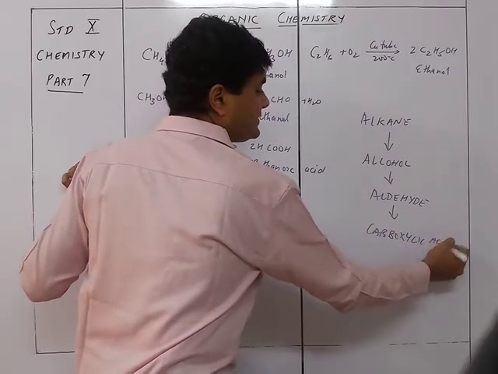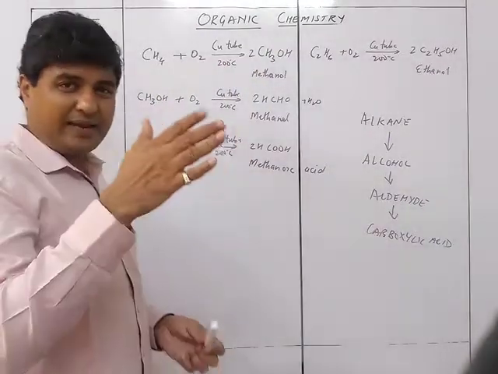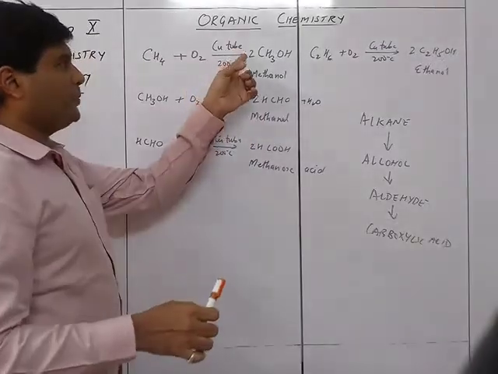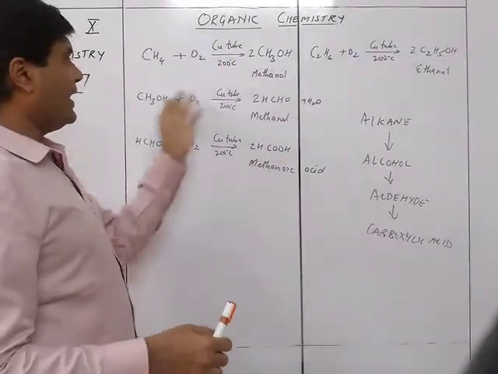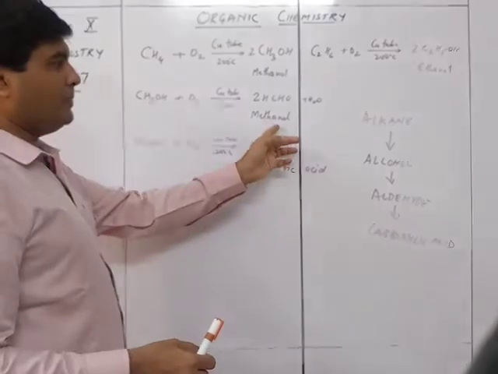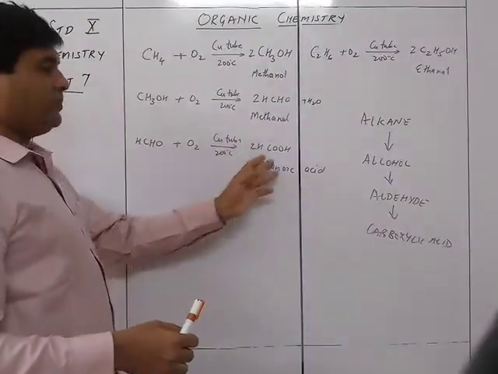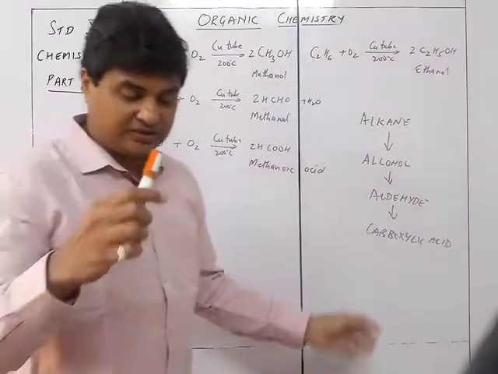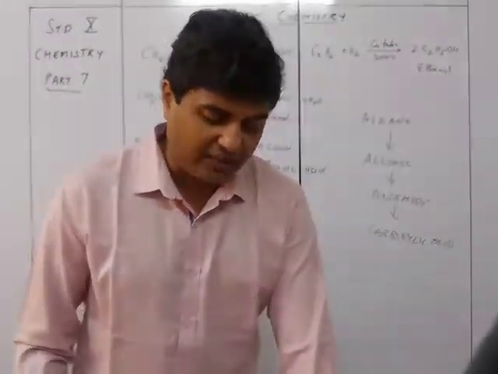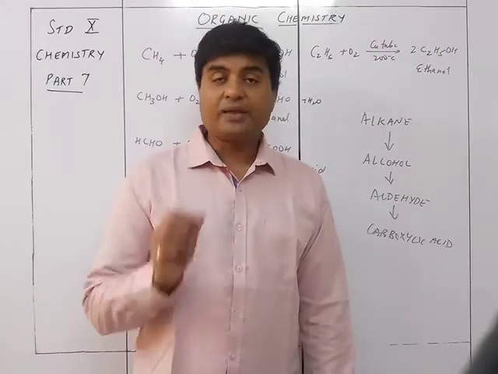So this is the chain which is taking place. Alkanes oxidize with the copper tube and give an alcohol. The alcohol reacts with the copper tube and gives methanal, that is an aldehyde. The aldehyde reacts with oxygen to give methanoic acid, that is a carboxylic acid. So this is the reaction which takes place with copper as the catalyst.